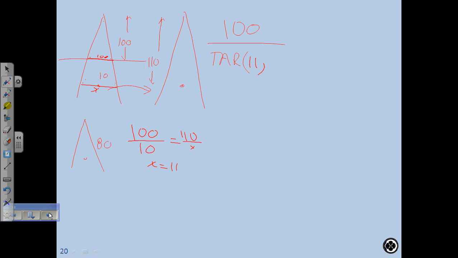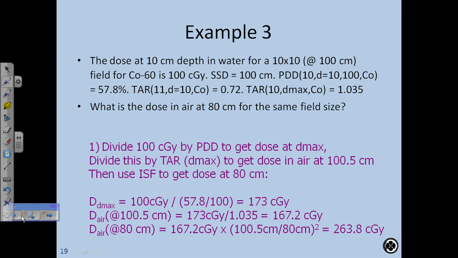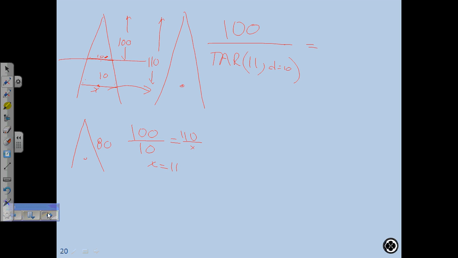Before, we used 10 because we moved that point up to a field size of 10. That's why we used 10. Okay, so a field size of 11 and a depth equals 10, which is equal to 0.72. So this is 0.72. So then what's this?